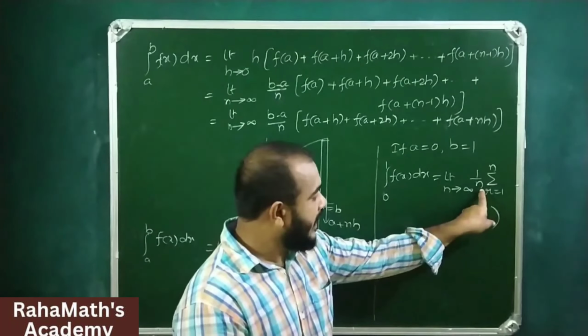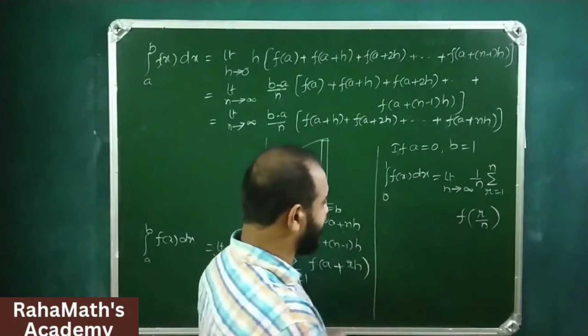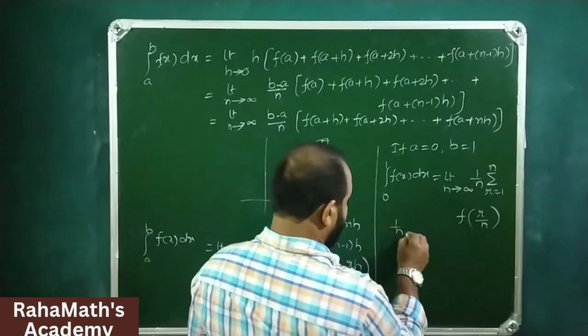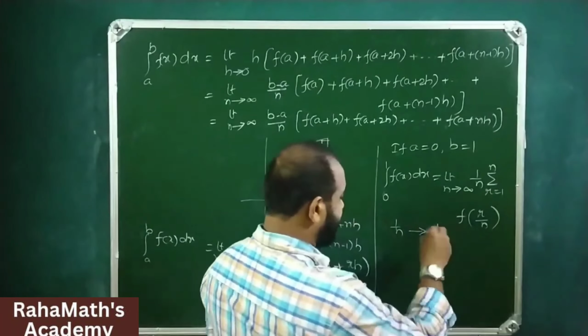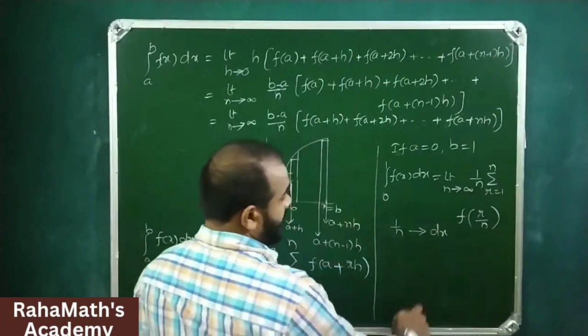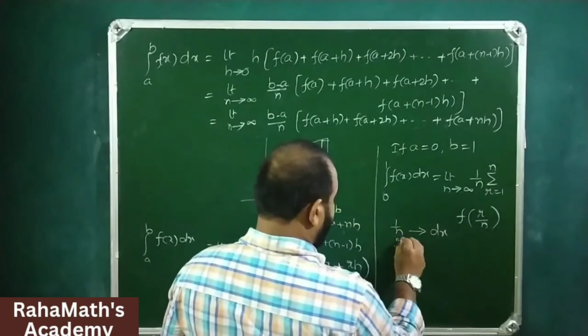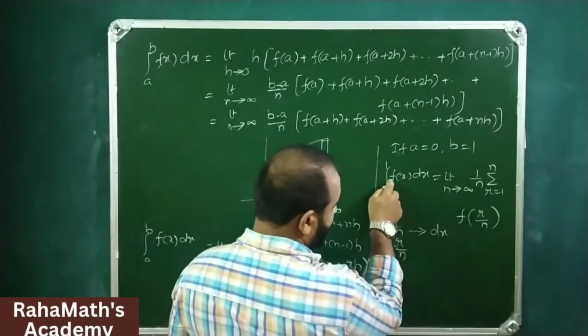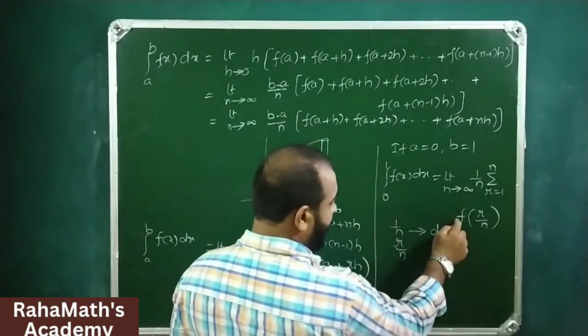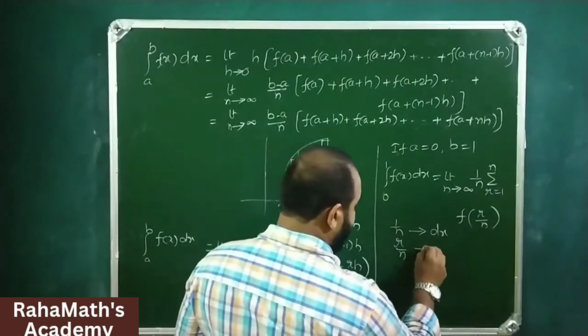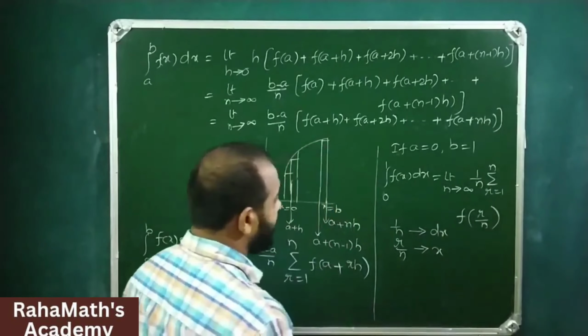So 1 by n is comparable with dx. And see this r by n. Because this is a function of x, here a function of r by n, so r by n is nothing but x.